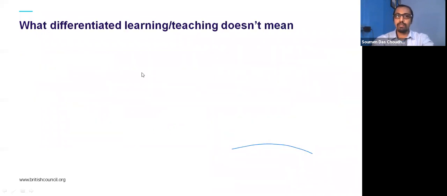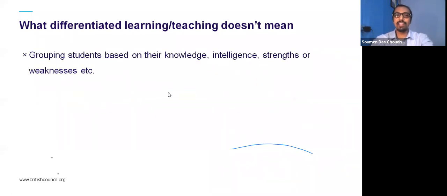We talked about what differentiated learning and teaching means. Let's now look at what it doesn't mean. It definitely doesn't mean grouping students based on their knowledge, intelligence, strengths, or weaknesses. You must have observed in a few classes, the stronger learners are made to sit in one row and the not so strong ones sit in the other rows.